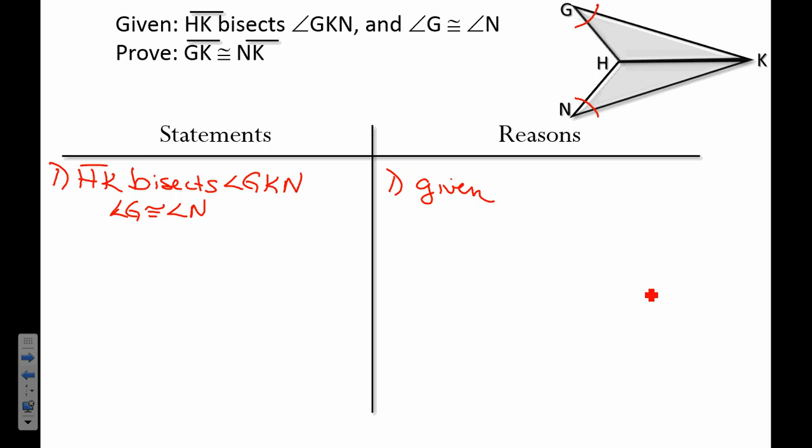HK bisects angle GKN. What does it mean if HK bisects it? So these two angles are going to be congruent, right? So let's name the angles. There's more than one angle at K, so we can't say K. Definition of bisector, right?